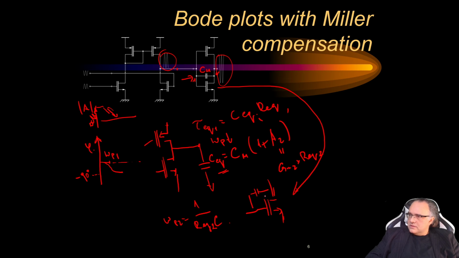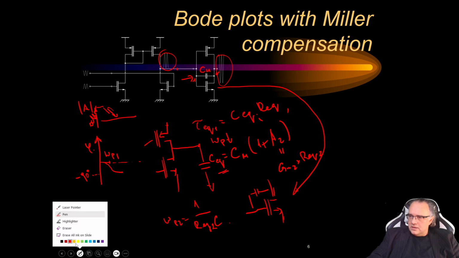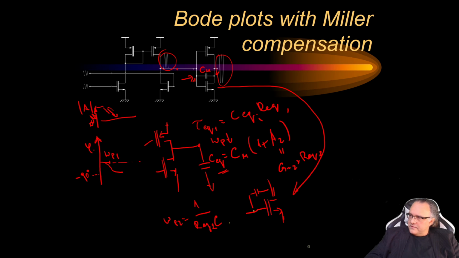So the equivalent resistance of the second stage, if you look at high frequencies, the impedance of a capacitor reduces. So at high frequency, let me take another color. At high frequency, actually I can represent this as a shorted signal, like this, because the impedance of the capacitor reduces.